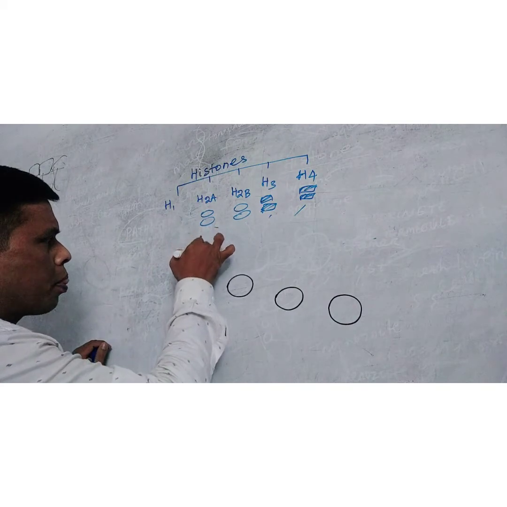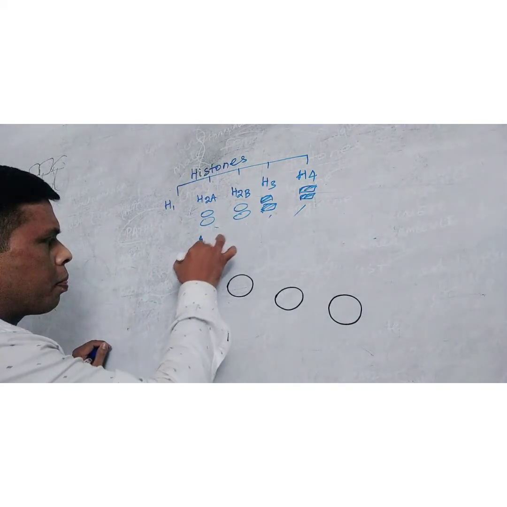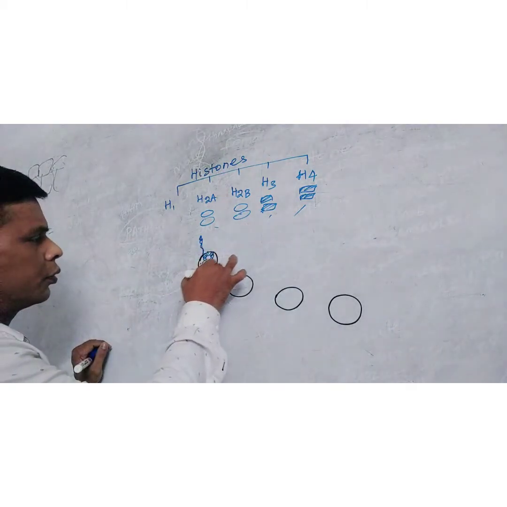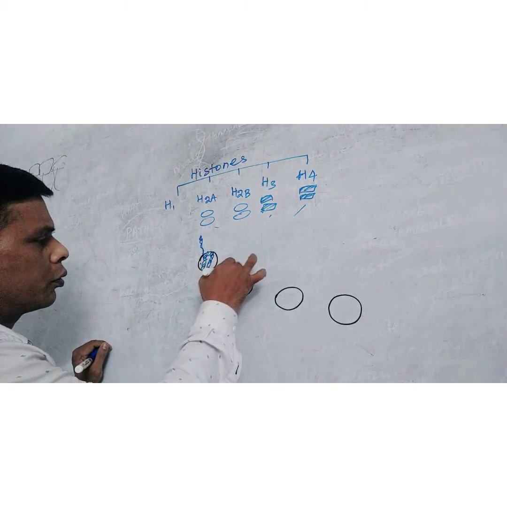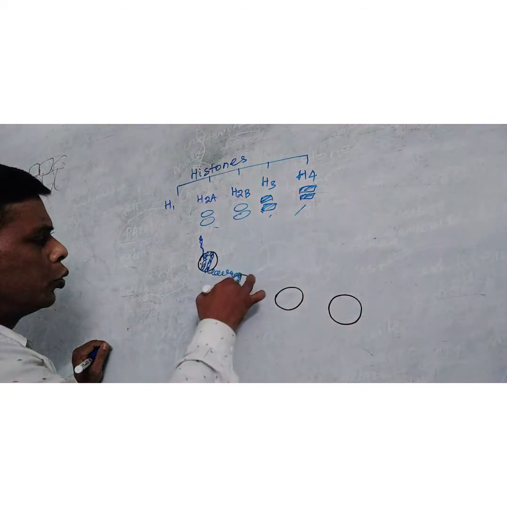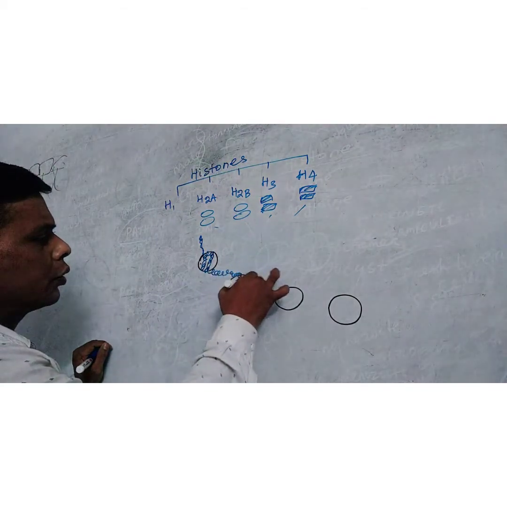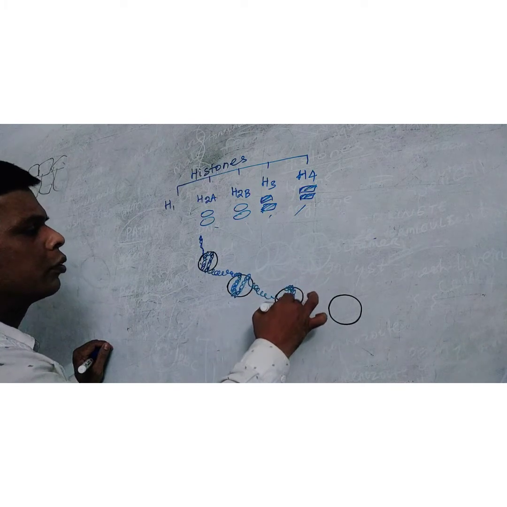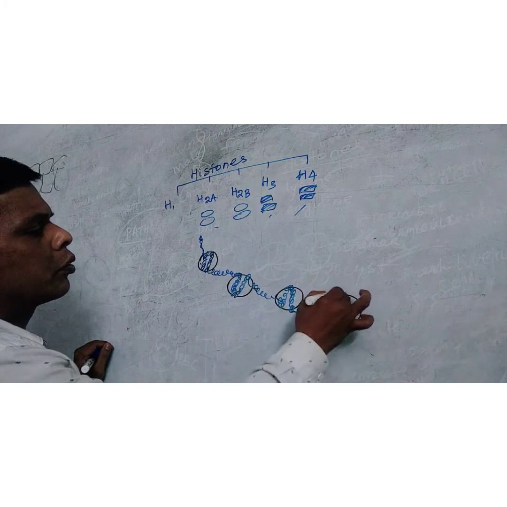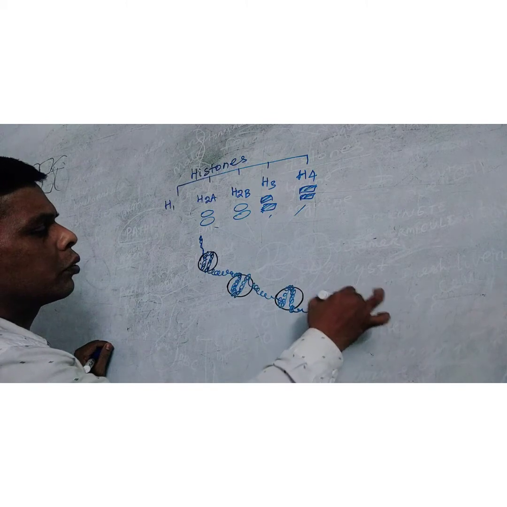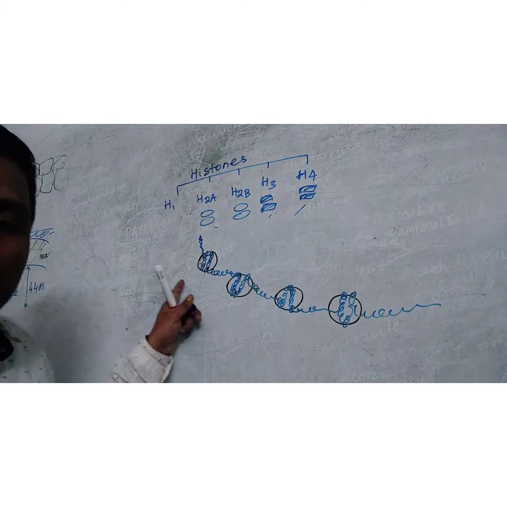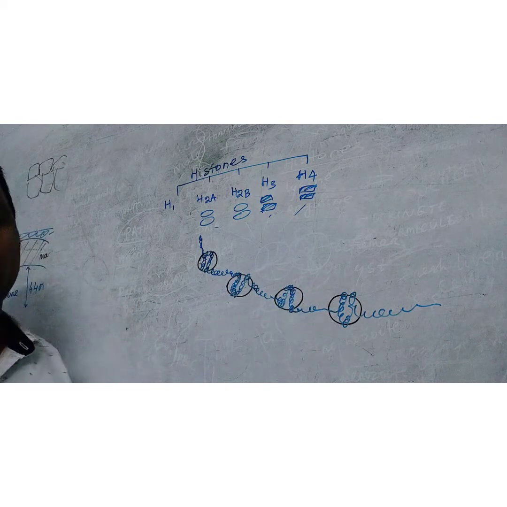The DNA forms two loops. Again it forms two wraps around it. Another two wraps. So in this way the wrapping continues.